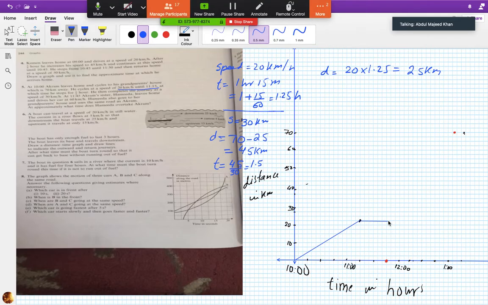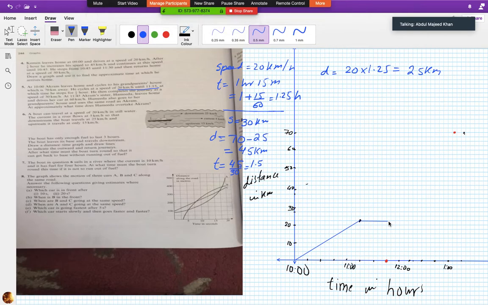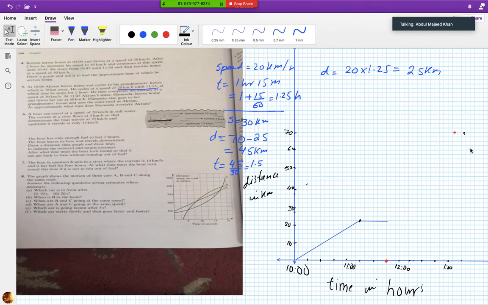So what you have to do, you have to take 1 hour and 30 minutes, 1.5 hours. So from here you can count, you can see here is 15 minute, 30 minute, 45 minute, then this is 1 hour, this is 1 hour 30 minutes. Okay, so this is the black dot, I already placed it for you here.